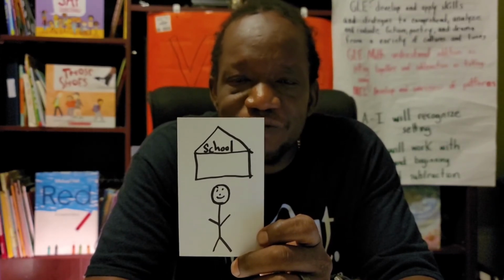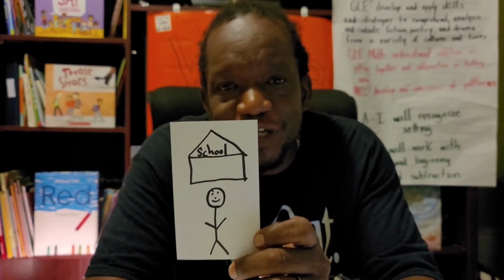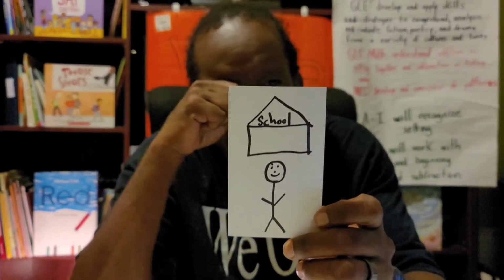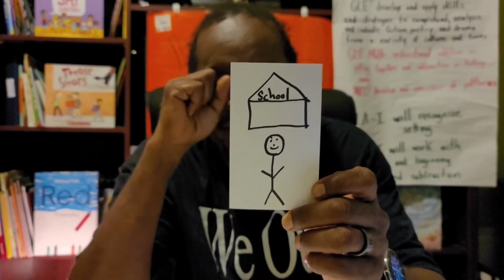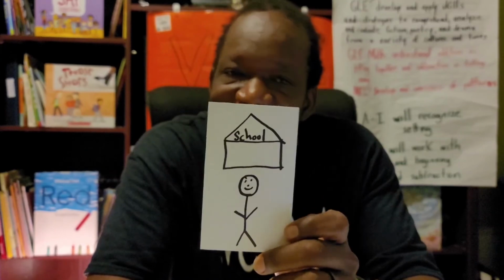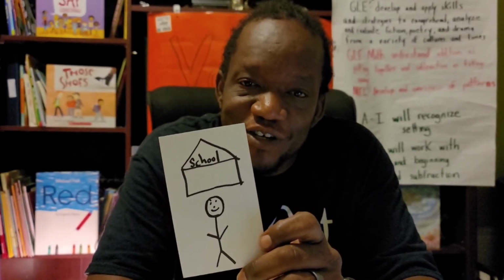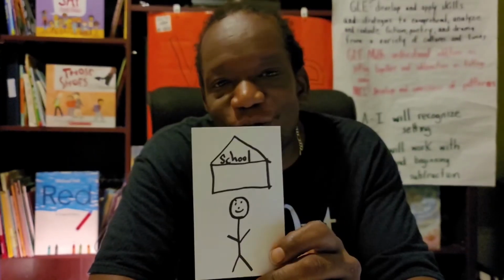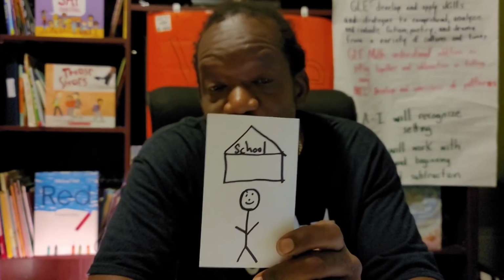And guess what? I cried because we couldn't go to school. Would you cry if you didn't have to go to school? No. But I cried because I love school so much. That's probably why I love working with you all.